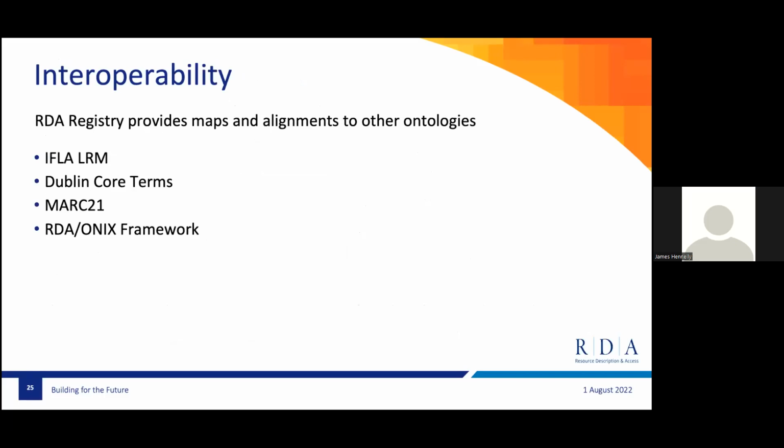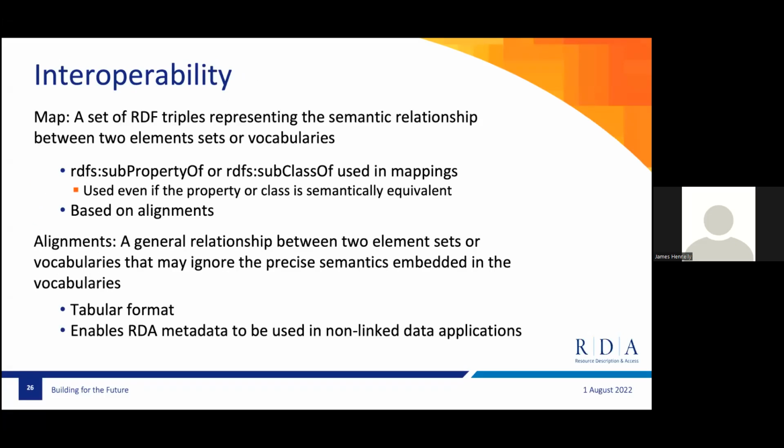So to provide you with some working definitions, a map is a set of RDF triples representing the semantic relationship between two element sets or vocabularies. We use RDFS subproperty of or RDFS subclass of in our mappings, and we use these even if the property or class could be semantically equivalent.